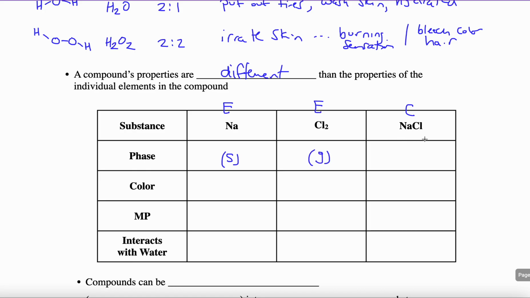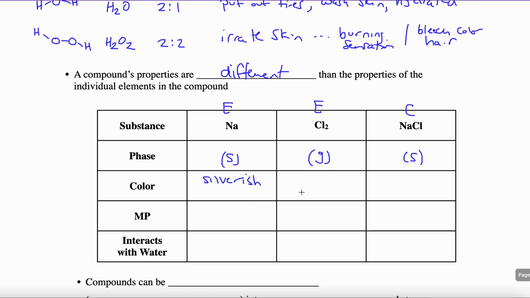And NaCl, the salt that we put on food, you've seen it in the salt shaker, it exists as a solid. Now, Na, being a metal, it has a pretty common gray-silver color, so a very light gray-silver color. So it's silverish.